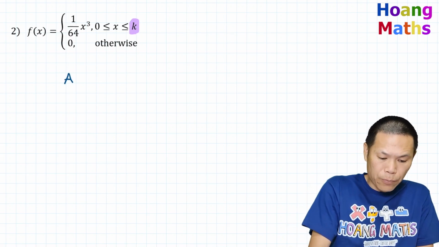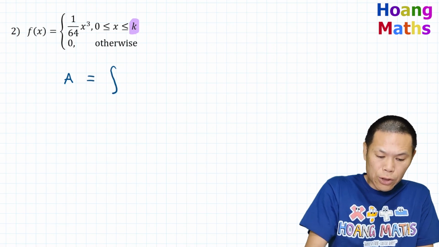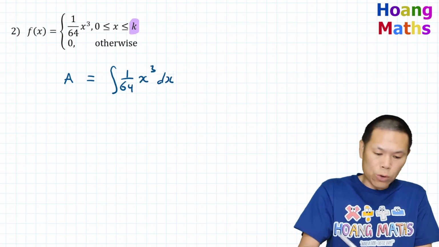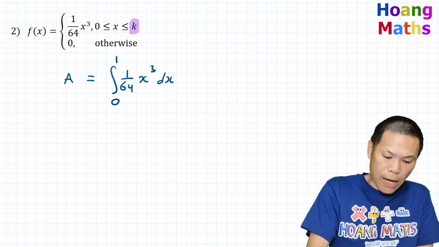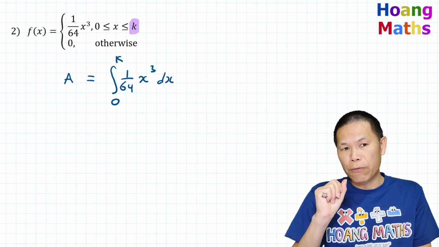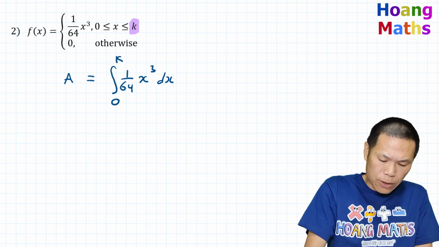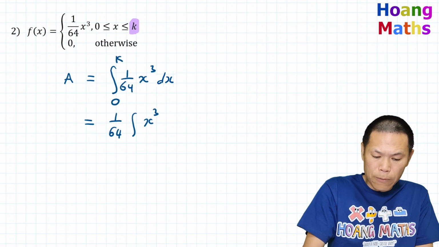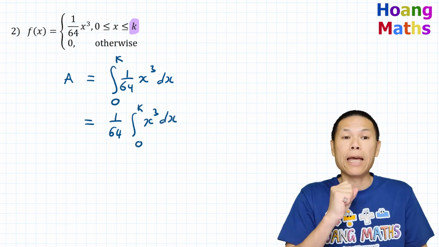The area is equal to the integral of 1 over 64 x to the power 3, from 0 to k. Easier, I just take 1 over 64 out. That is 1 over 64 times the integral of x power 3 dx from 0 to k. That is exactly the same.